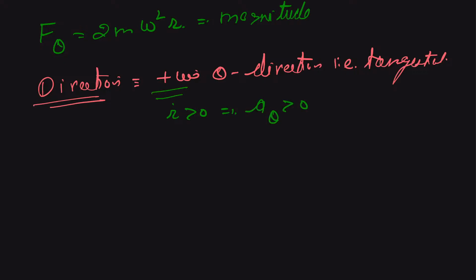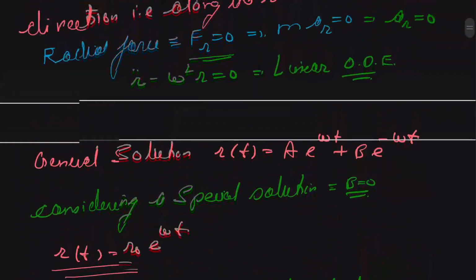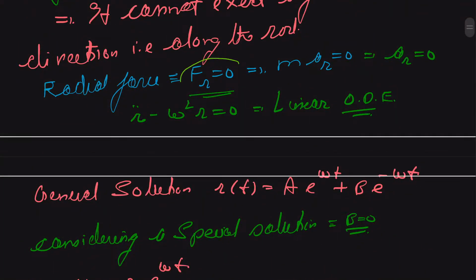So the direction will be in the positive sense. And the radial force is equal to 0, as the radial component is 0, which I have already discussed in the initial solution.